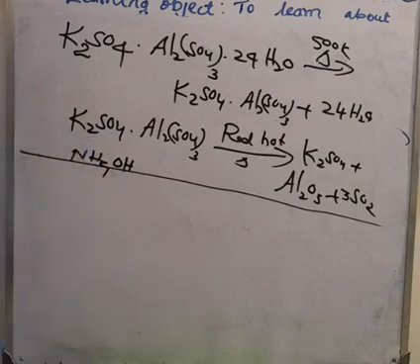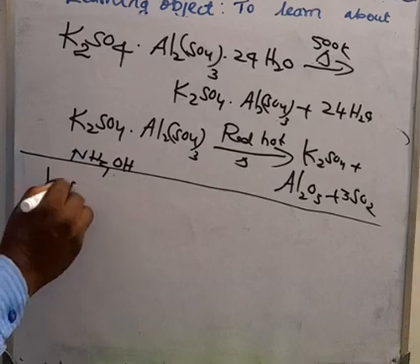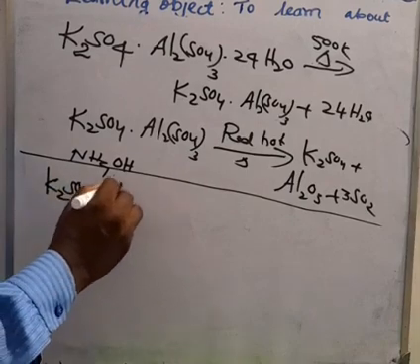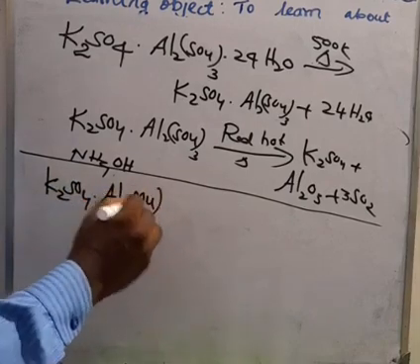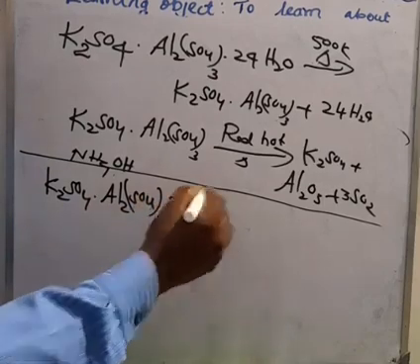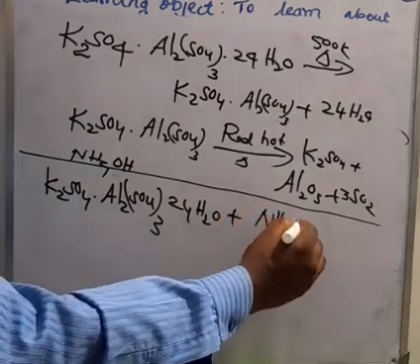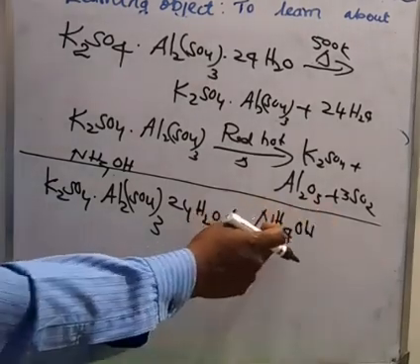First you have to write the potash alum formula: K2SO4 Al2(SO4)3 24H2O reacts with ammonium hydroxide, NH4OH.